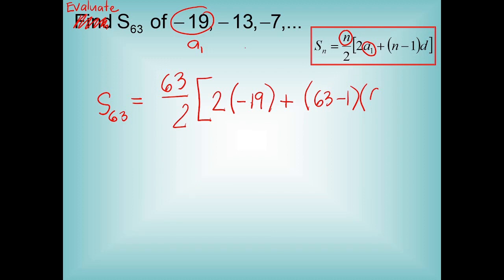Okay, the formula for the common difference is the second term minus the first term. The second term is negative 13. Minus the first term, which is negative 19. Isn't it that this negative can become positive? What is negative 13 plus 19?